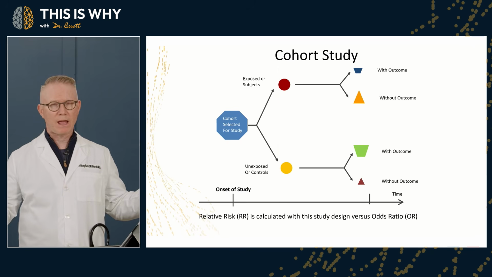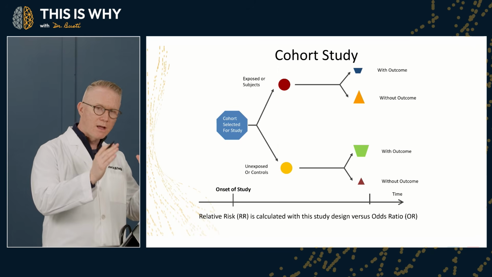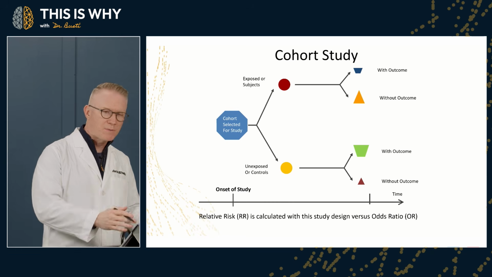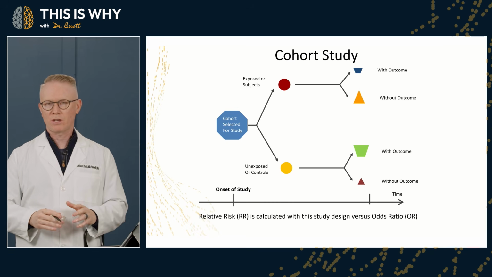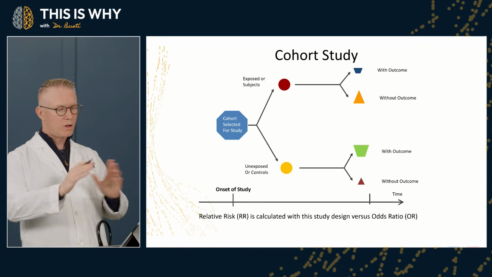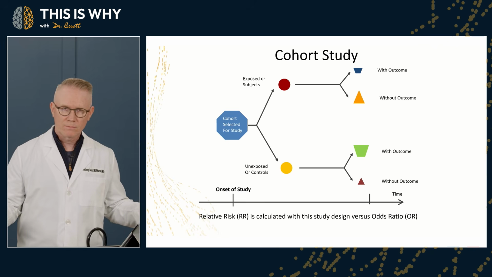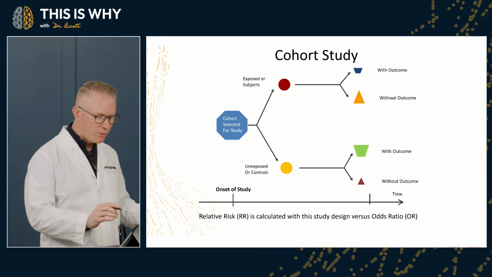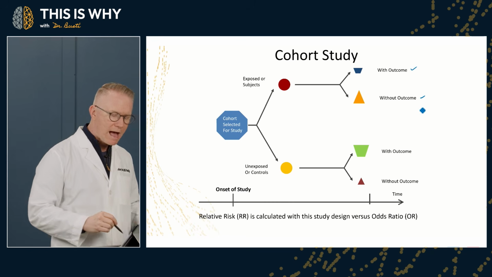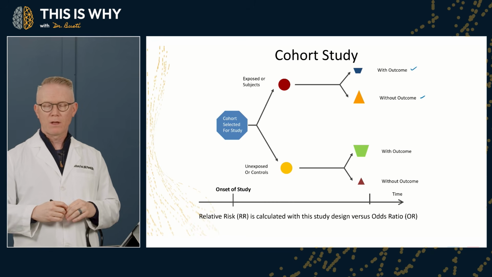No intervention is made. Remember, we're still in this observational area. We're not making an intervention on these patients, just like in the case control. We're looking at someone who's exposed versus not exposed. We follow them forward in time, and we look for that measured outcome.